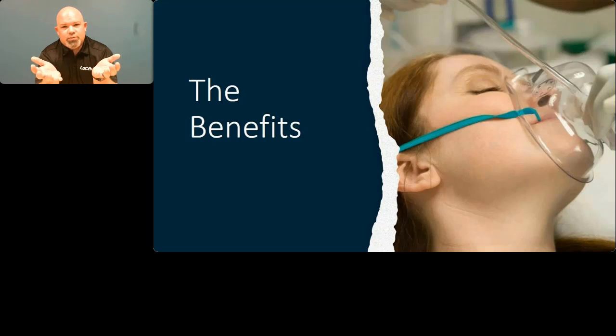Shock is where the body is inefficient at providing oxygen to the things that we need. A heart attack can cause shock. Anaphylaxis, so allergic reactions, can cause shock. Other chemicals can cause your body to go into shock.